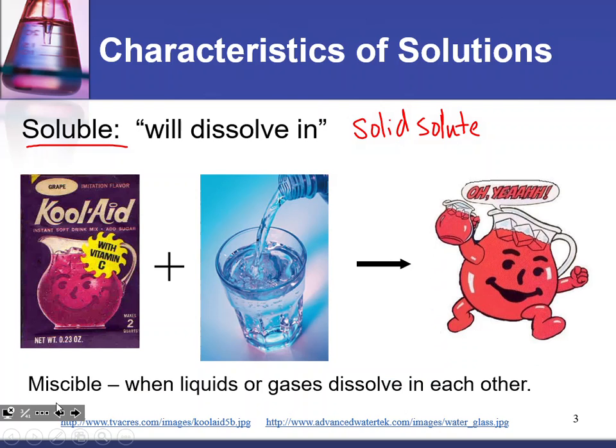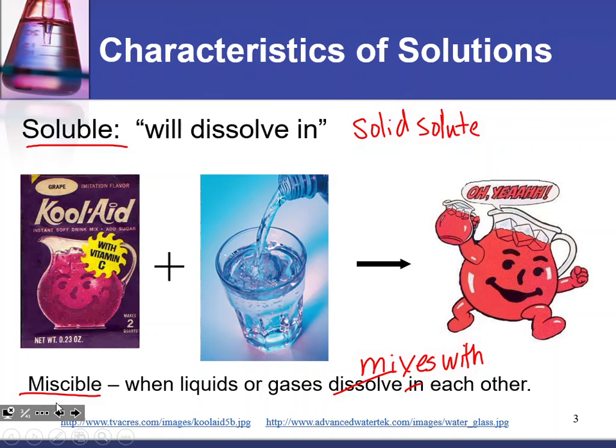Now, miscible, it's kind of a different word, and I'm going to cross this out and change this. It says dissolve, but I like the words mixes with instead. So when we're saying something's miscible or immiscible, we're talking about two liquids. Are they mixing? Or we're talking about two gases. Are they mixing?